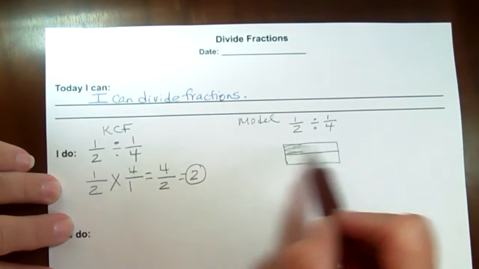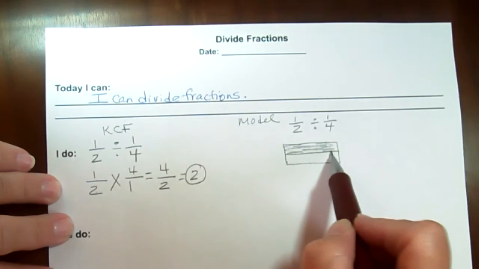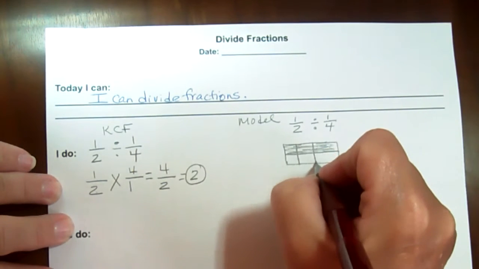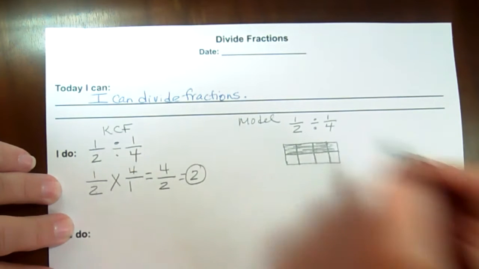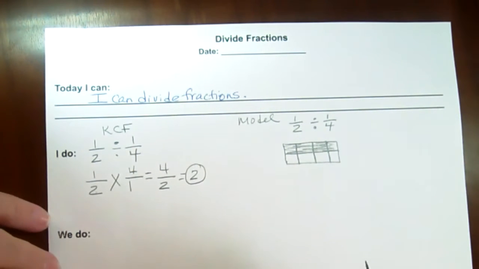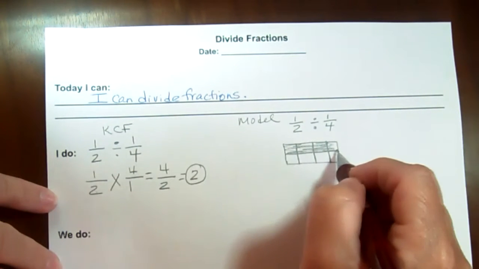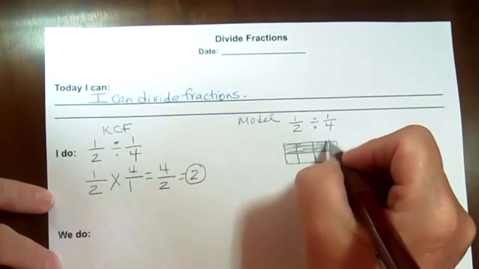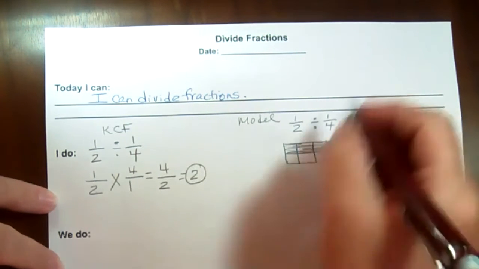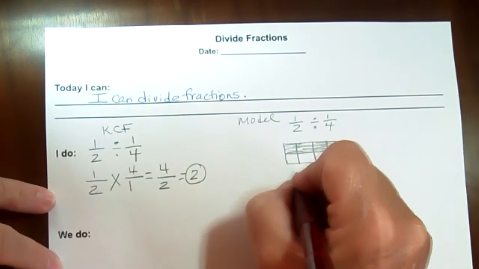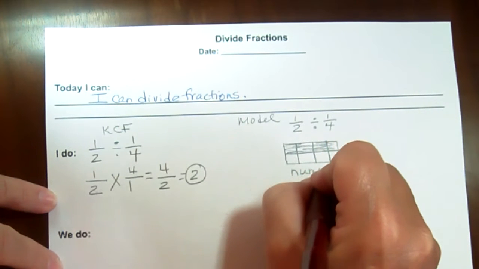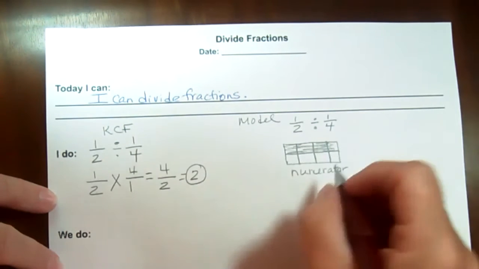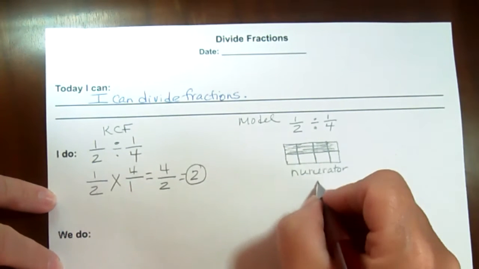And I'm also going to put the 1/4 inside of this, like that. So I've got the 1/2 modeled this way, right to left or horizontal, and the 1/4 modeled vertically. So when you look at that from a numerator standpoint, how many boxes out of that 8 are colored in? And that's 1, 2, 3, 4.